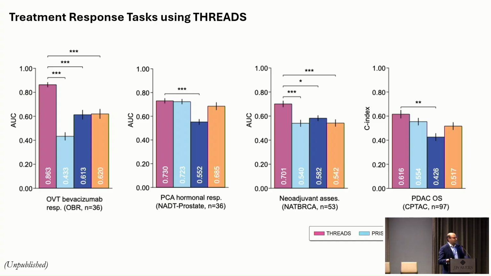This is an example for treatment response prediction. Treatment response prediction from histology is a difficult task to begin with because you don't always have a lot of pre-treatment biopsies available, and it's also very difficult to get clean labels for this. So there's just limited data available in this setting, and it's a difficult task morphologically as well, just predicting treatment response from the histology images.